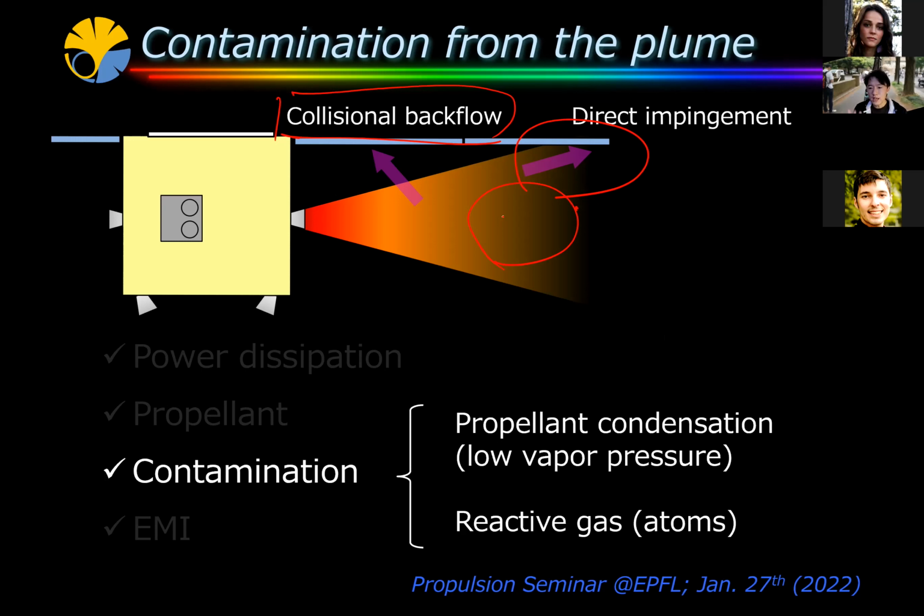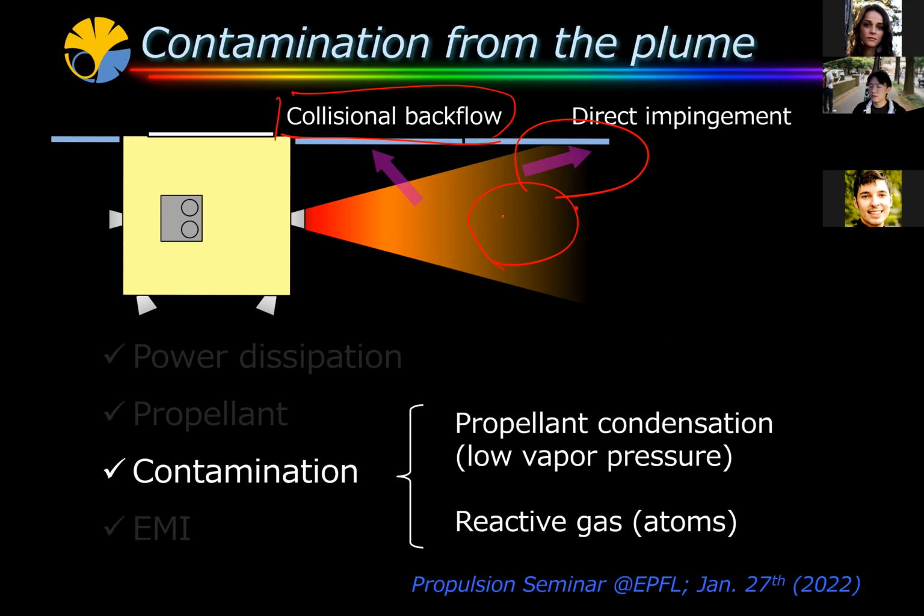However, a tiny amount of backflow may cause a problem, especially if the propellant has a very low vapor pressure, which means it can be easily condensed, or if the propellant is a very reactive material, then a tiny amount of backflow becomes a problem.